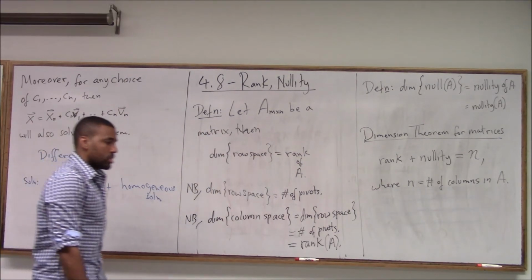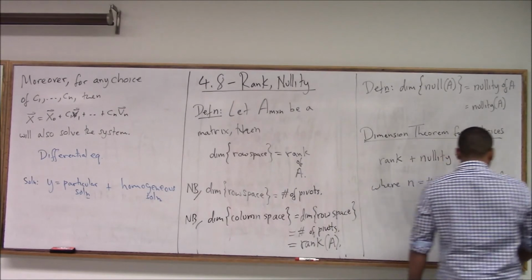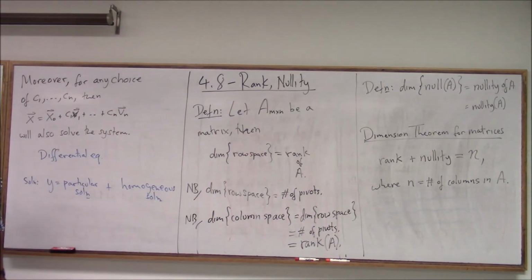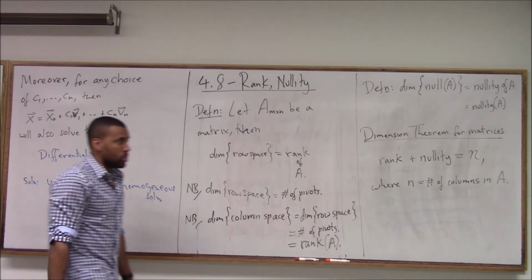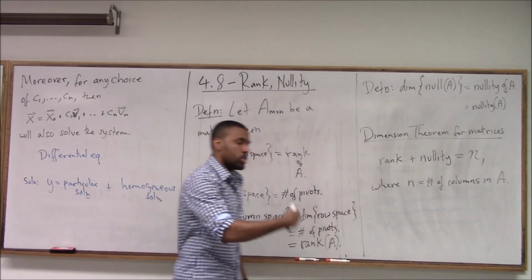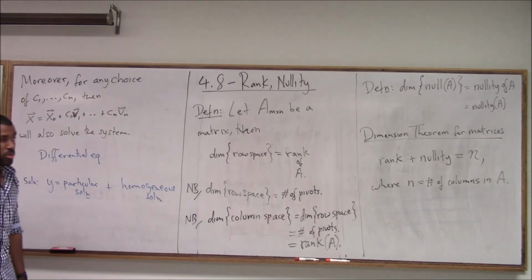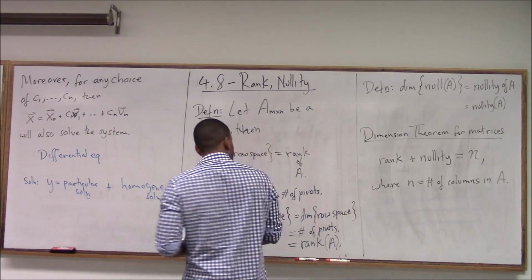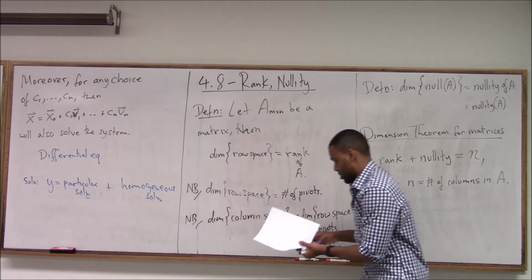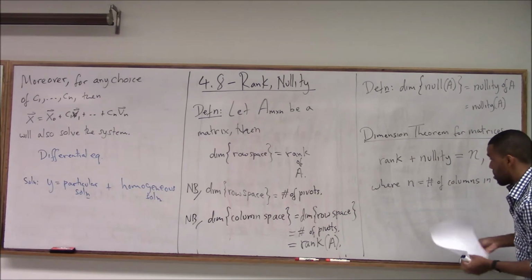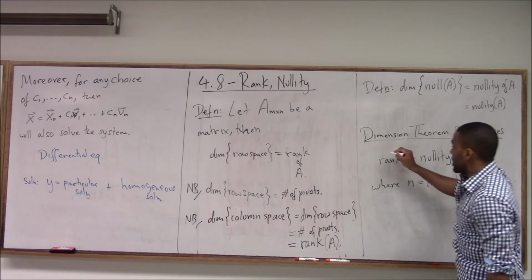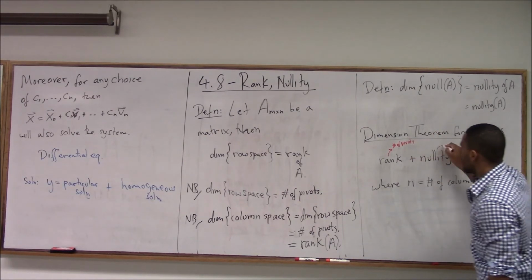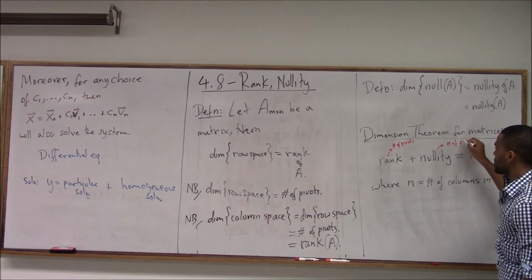So the number of columns of a matrix you can always split into 2, where whatever dimensions you assign for the rank, subtract that number from the number of columns, and you get the dimensions for the nullity, or vice versa. Because this guy comes from the number of pivots, and this guy comes from the number of parameters or free variables.